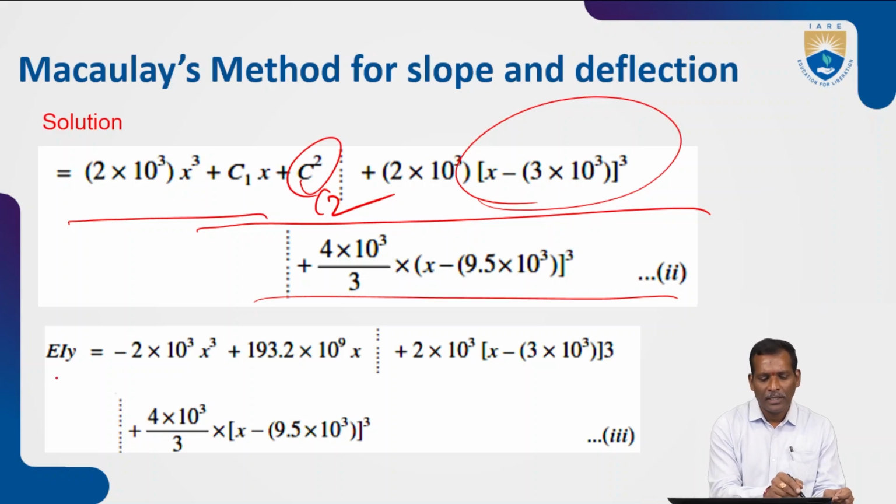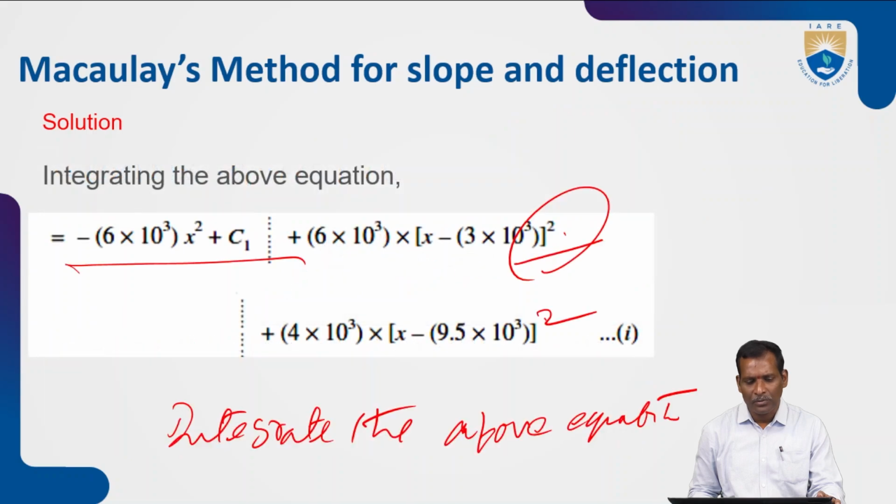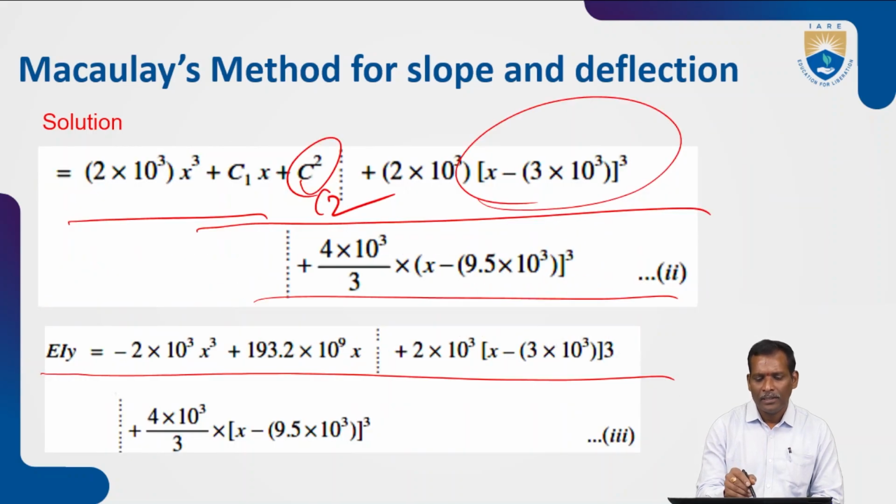Simplifying the above equation, EIy is 2 into 10 cube into x cube plus C1x plus C2. We calculate the C1 and C2 values by using boundary conditions, and then substitute them in this equation.